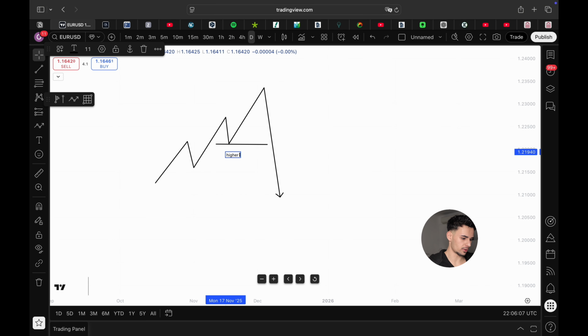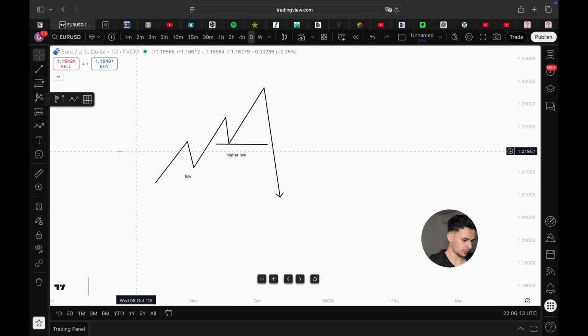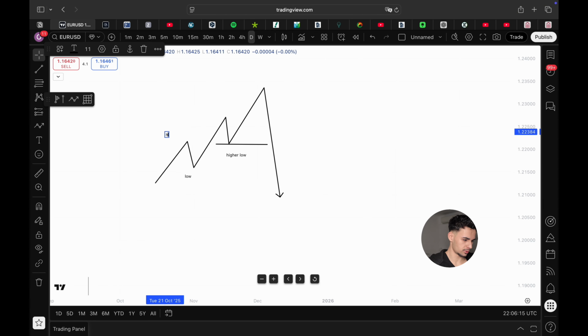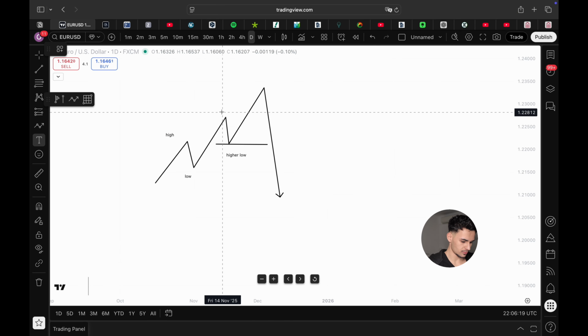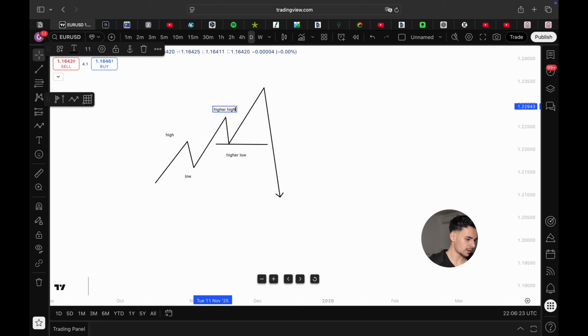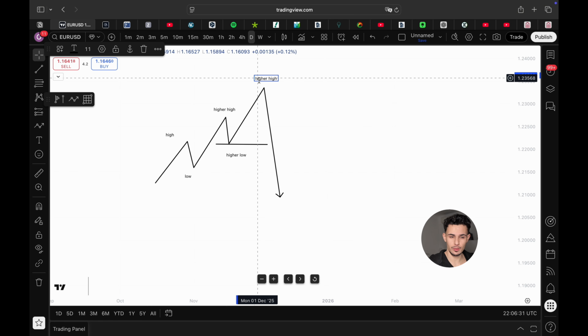This is our higher low, and here we have our previous low. We have our high, and we have our new higher high, which is then followed also by our higher high, because we can see this high here is higher than the one before.